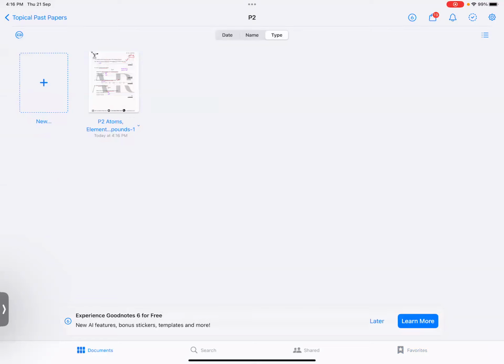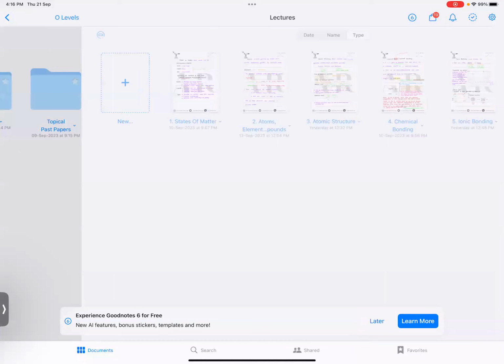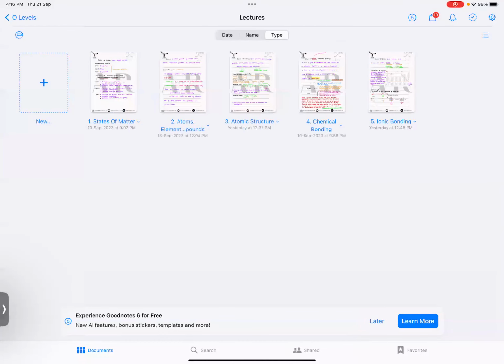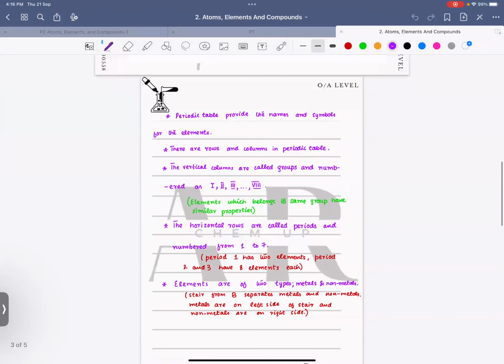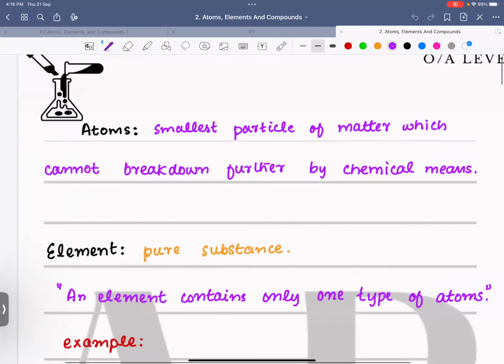Okay. So before atomic structure, did we talk about atoms, elements, and compounds? Or after states of matter, did we go straight to atomic structure? Did we discuss elements or not?